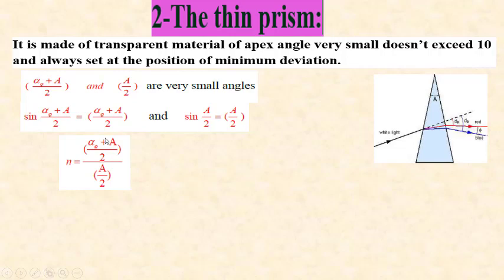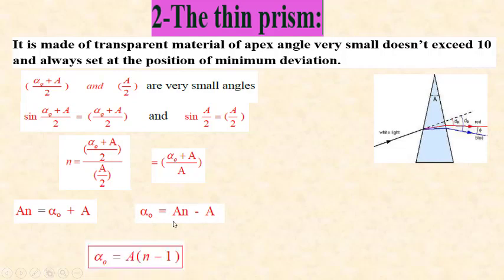So n equals alpha naught plus A over 2 divided by A over 2, which simplifies to alpha naught plus A over A. By cross-multiplying, A n equals alpha naught plus A. So I can move A to the other side, it will be A n minus A. I can take A as a common factor, so alpha naught equals A times n minus 1.